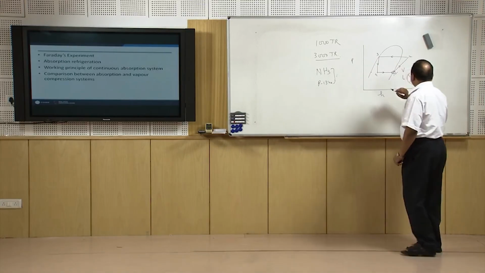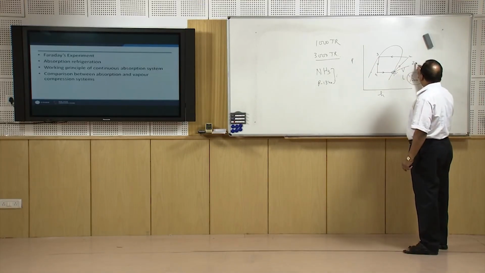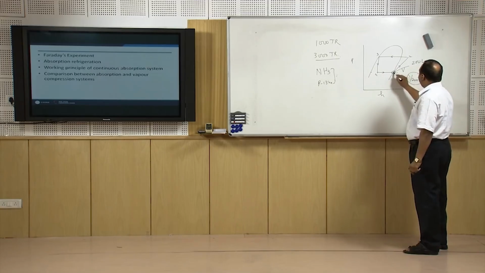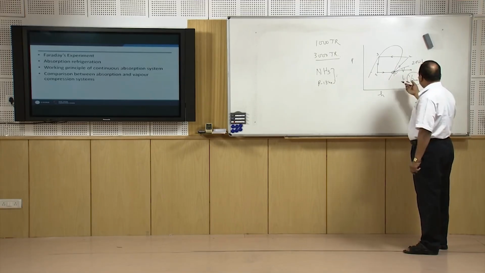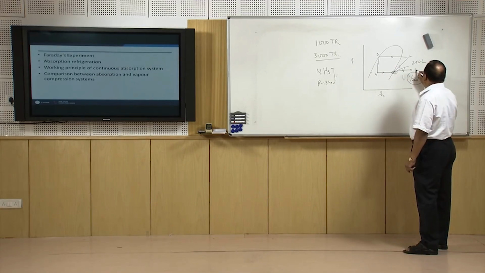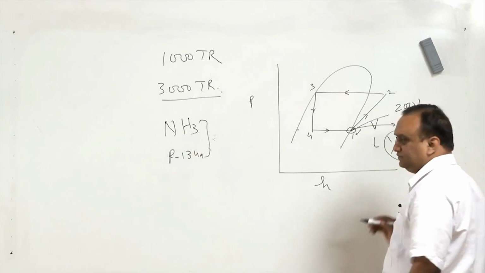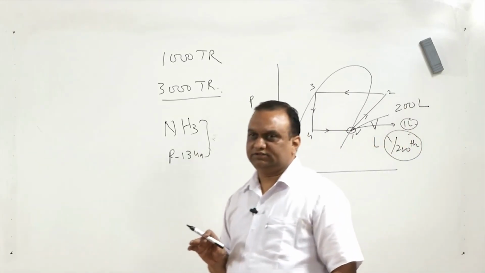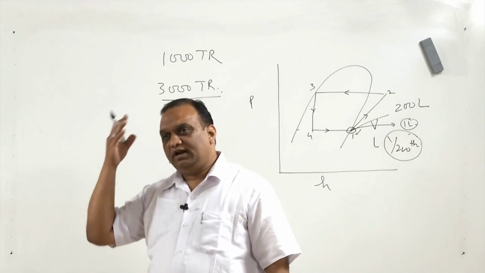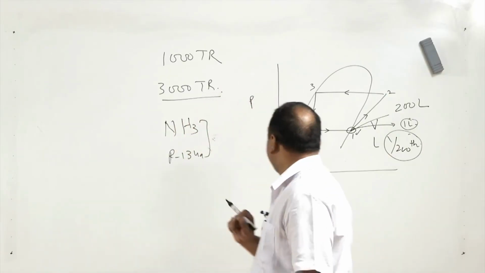So, suppose if I have 200 liters of vapor here, if I condense this vapor, the condensed fluid will have a volume of approximately 1 liter. This I am talking about the refrigerants. If you go into the case of water, it is more than 1000 times.